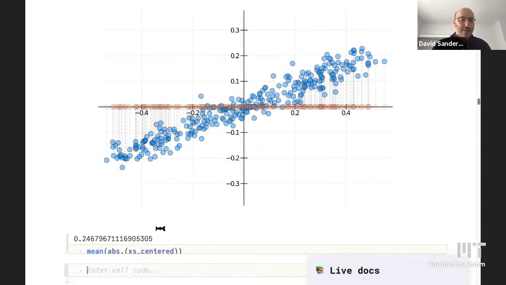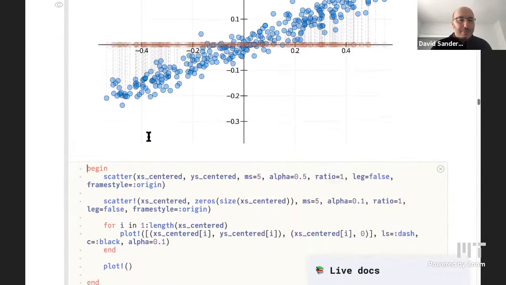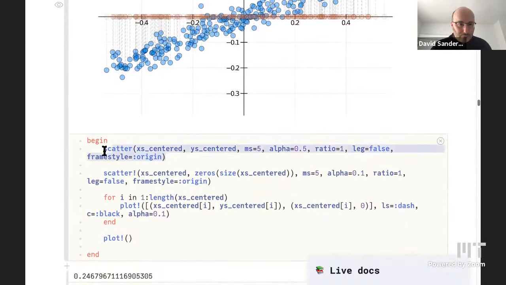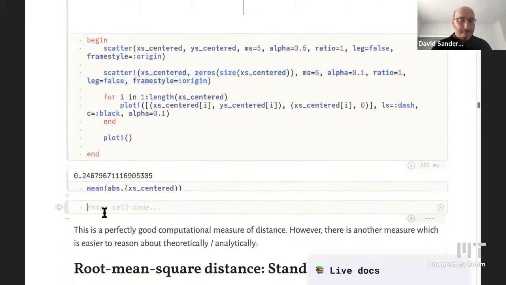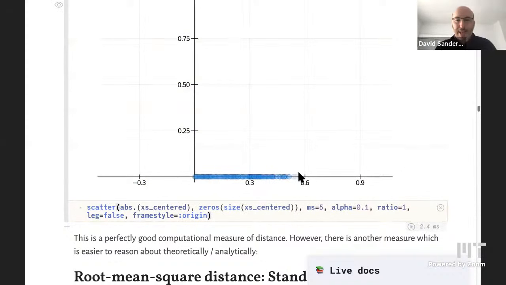We can actually draw that, so let's do that. I'm just going to take the absolute value of each of them, again using this dot broadcasting. And that is what the cloud looks like once I've folded it over onto itself.